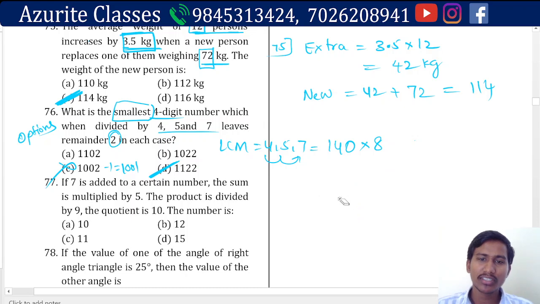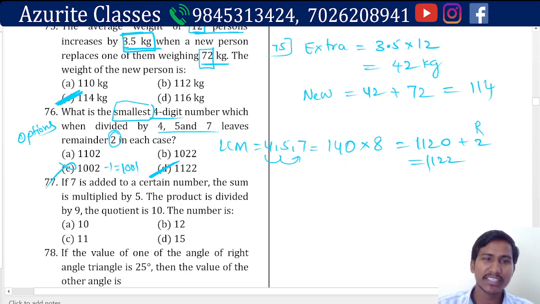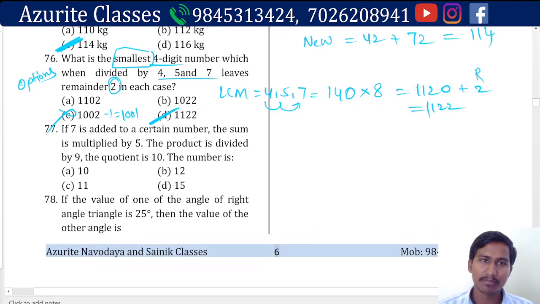So you add the remainder, which is 2, and 1122 will be the answer. That is option D for question 76. Good, go with this, it is easy and direct.